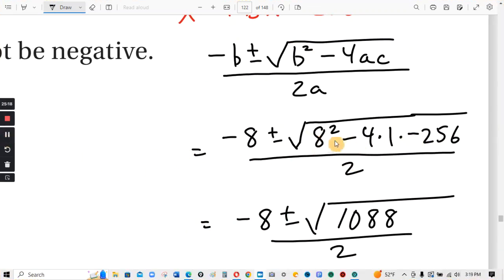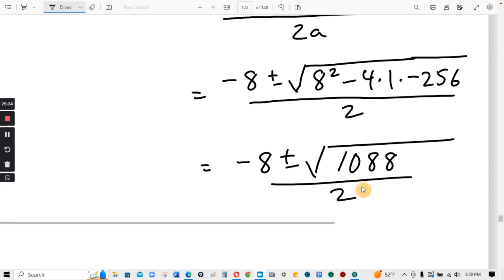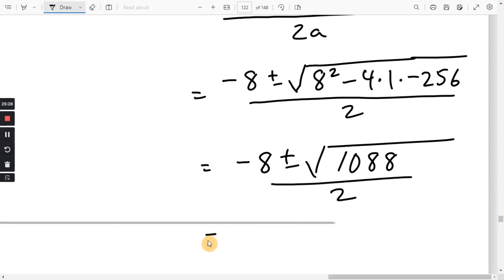For the square root, I got 1088, and that whole thing is still divided by 2. I am not going to try to simplify this because I don't want this problem to be too lengthy. I'm just going to round off. So we have negative 8, and the square root of 1088, rounded off to 1 decimal, is 33.0.